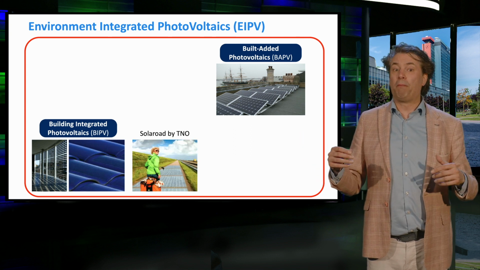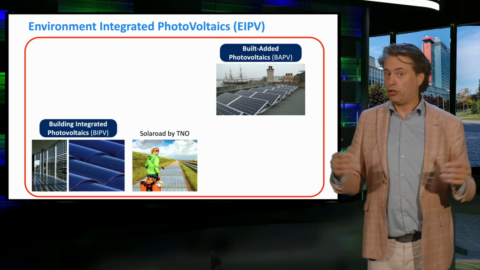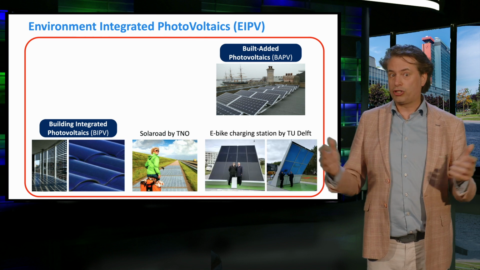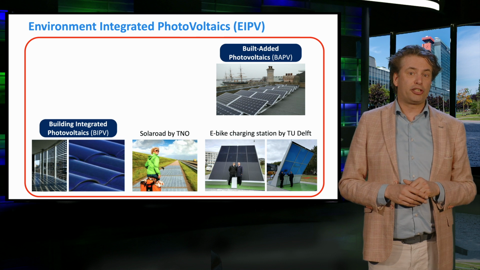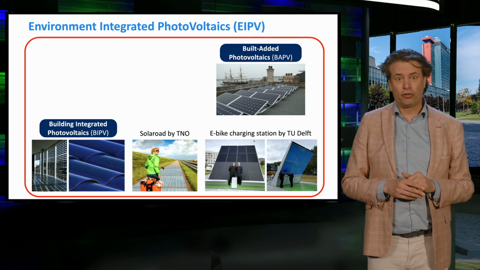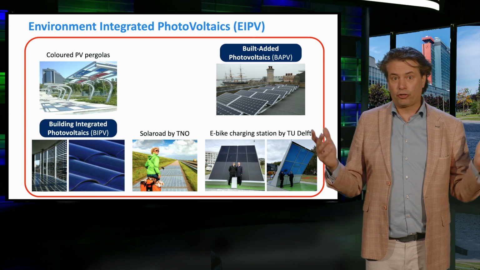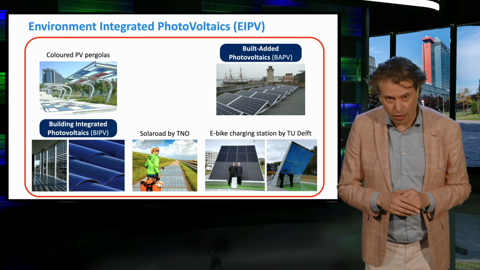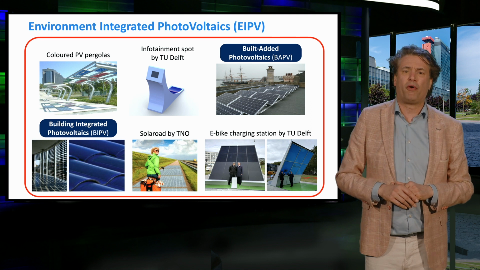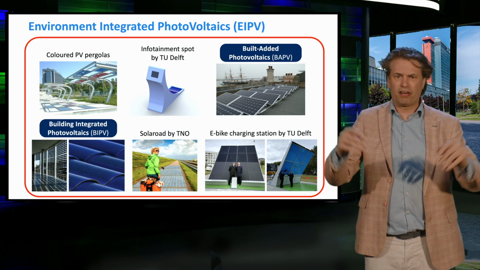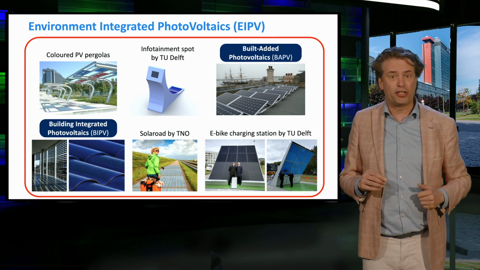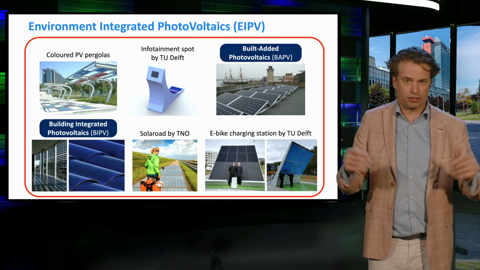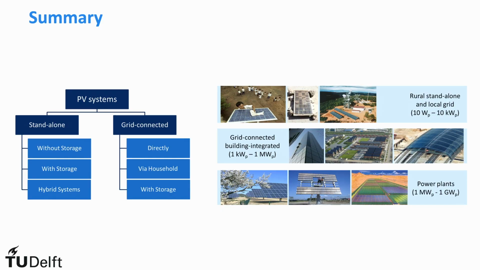We have, for example, bicycle roads realized with solar modules, alongside charging stations for electric bicycles, colored pergoglass for e-parking lots, and off-grid info points that provide you with relevant information and have the possibility to charge smartphones and tablets.